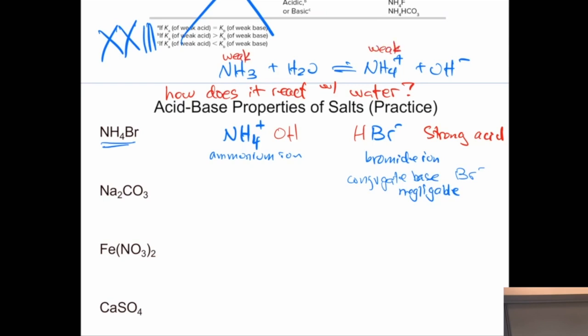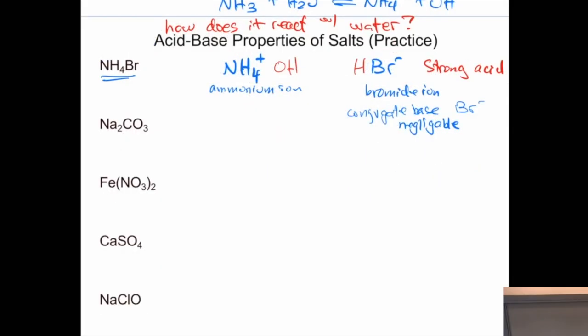In the context of looking at how it reacts with water, the strong bases are group 1 and group 2 metal oxides and metal hydroxides. Those are considered to be strong bases. Everything else you can consider to be a weak base.